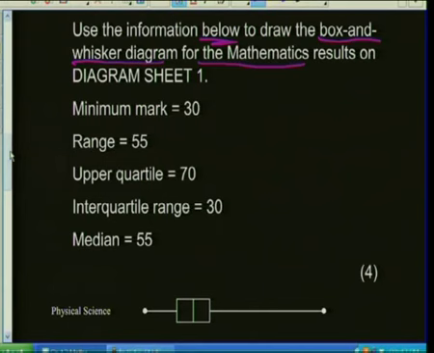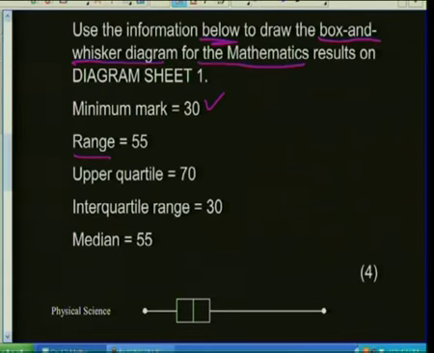Okay, so what do we have here? I already have my minimum value. Great. Range. Will the range be in the whisker plot? No. But given the minimum value and the range, I can find what? The maximum value. Agree.